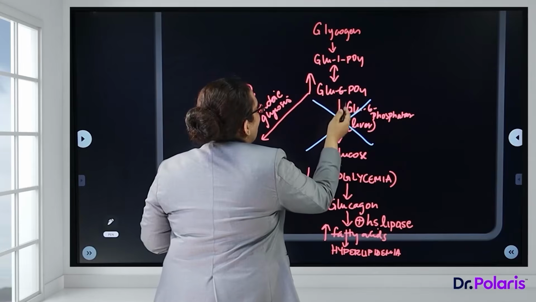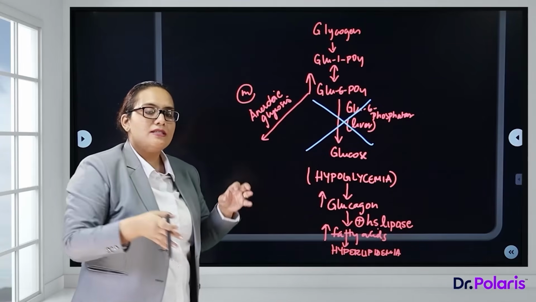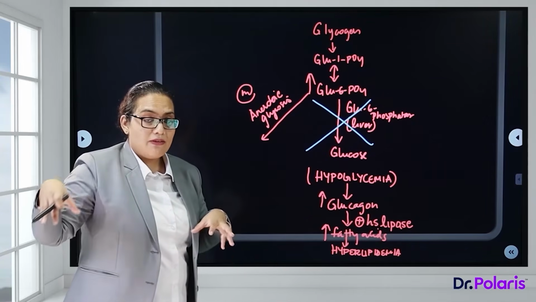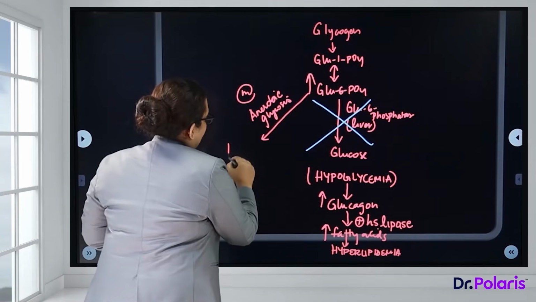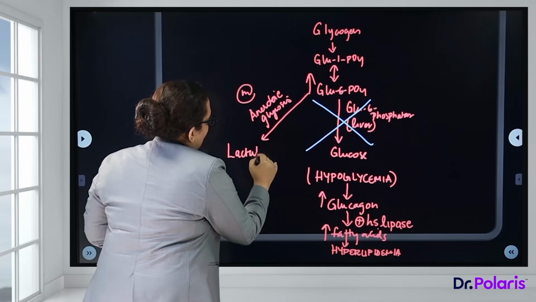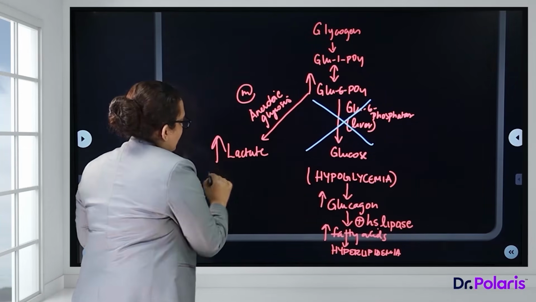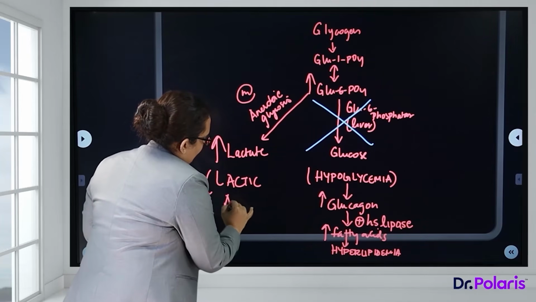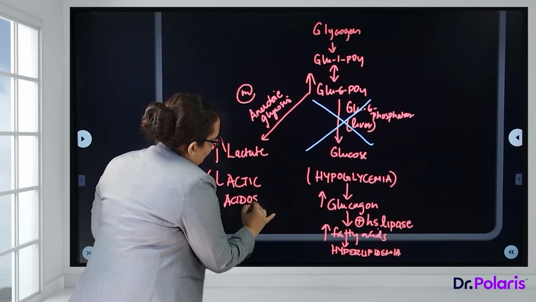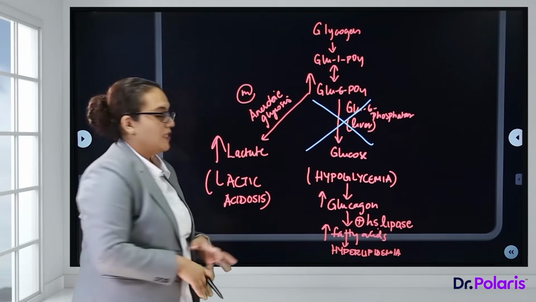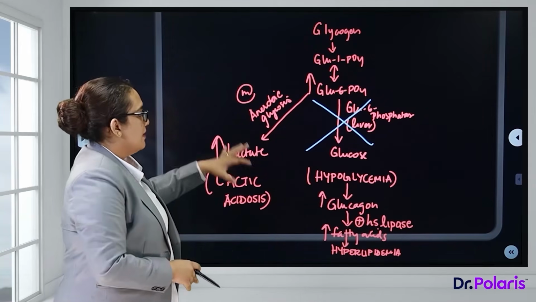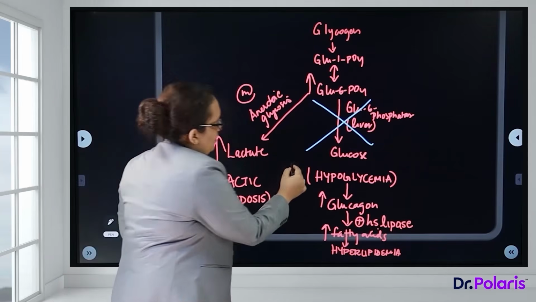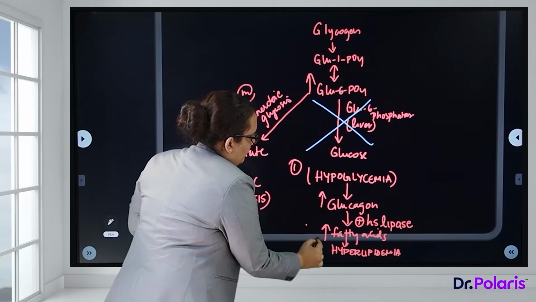You have glucose 6-phosphate entering into glycolysis, forming pyruvate, and then finally forming lactate. So there is increased lactate production leading to a condition called lactic acidosis, a typical manifestation seen in von Gierke's disease. So this is one aspect. So we are done with three of the clinical features.